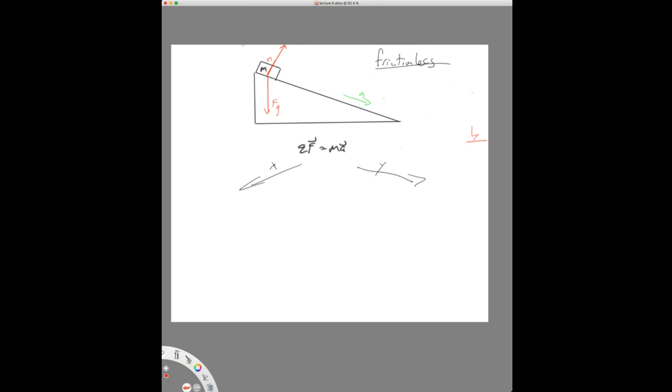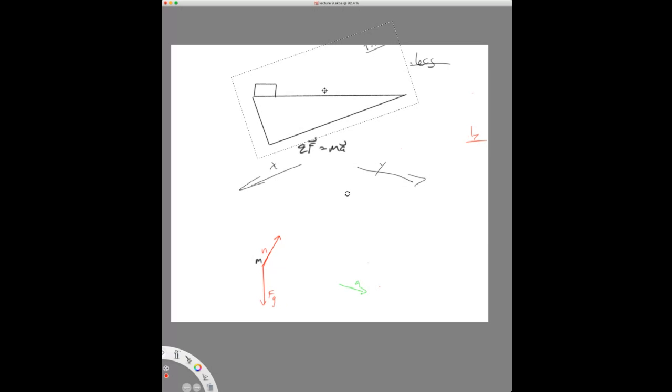Now, the easy way is to just take our picture, and you can do this on your paper. I'm just going to move this thing out of the way for a minute. And we're going to take that, and we're going to adjust it so that the ramp is horizontal. Okay, so bear with me.